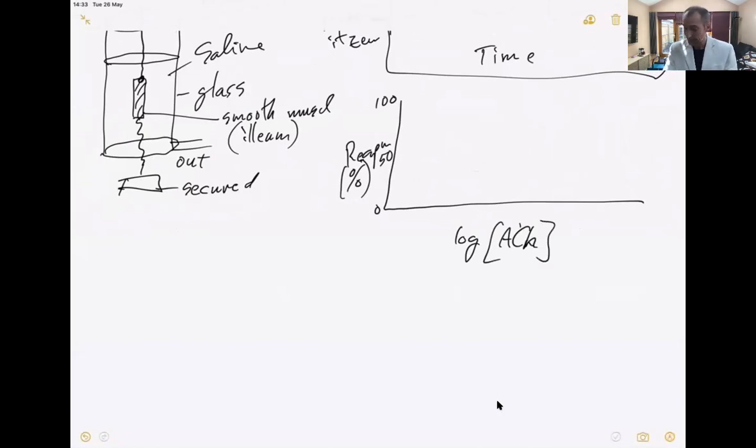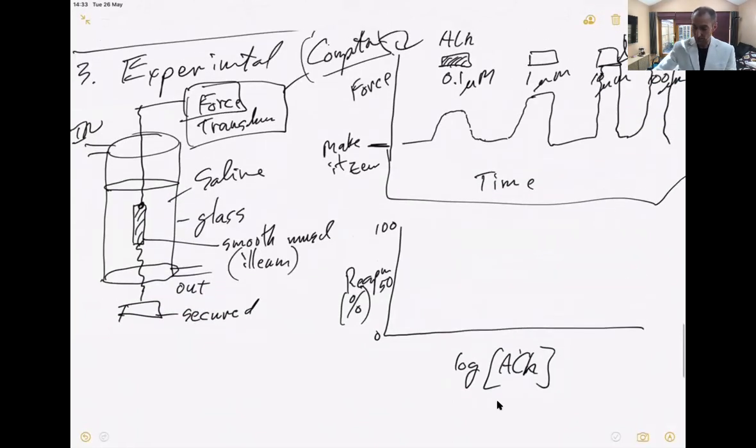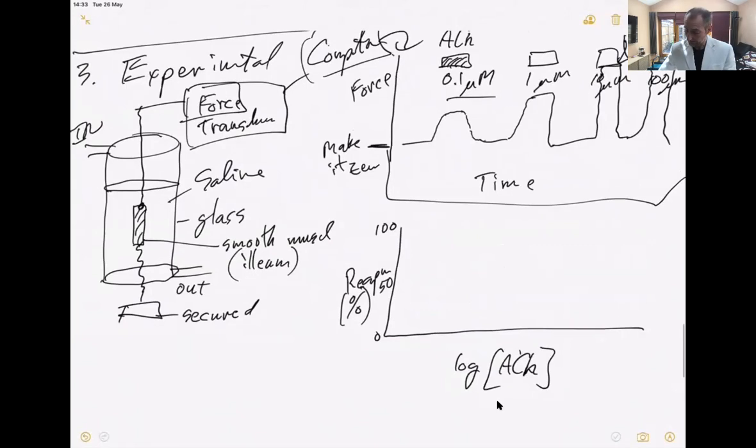And this is where you can use 10 to the powers and do negative logs and all those sorts of things. Because I started using micromolar up here on our first plot, let's just stick with micromolar. So the plot's going to be logged, but the numbers are not logged, so technically it's not really log on here. It's just acetylcholine concentration, but I'm just going to leave that.